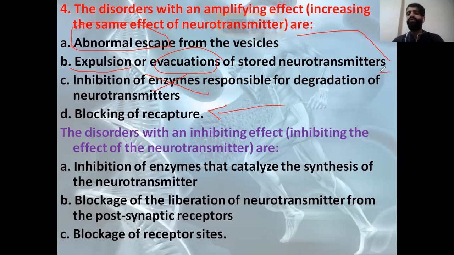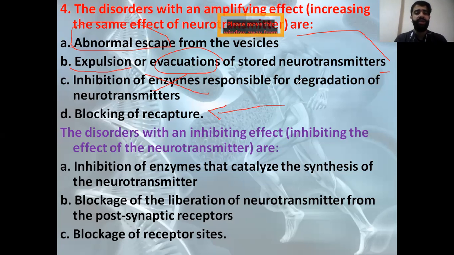Or we have to inhibit or block the function of the enzymes that degrade the neurotransmitters, or block the recapture process, so that neurotransmitters are not recaptured by the presynaptic terminal, and they are not degraded by the enzymes.